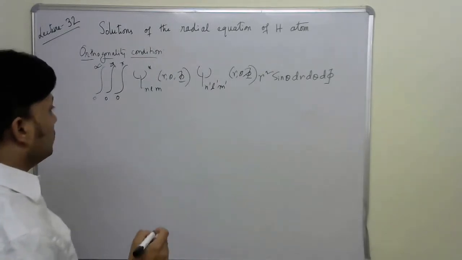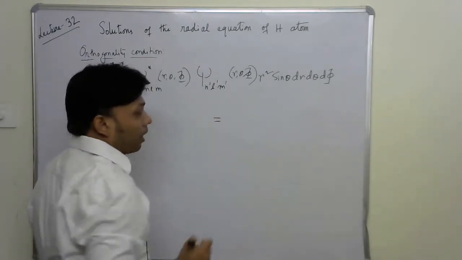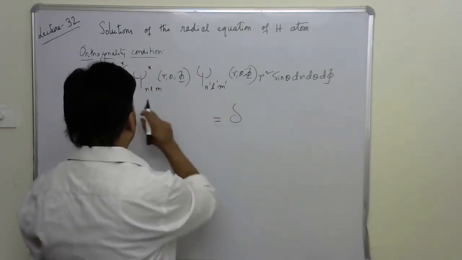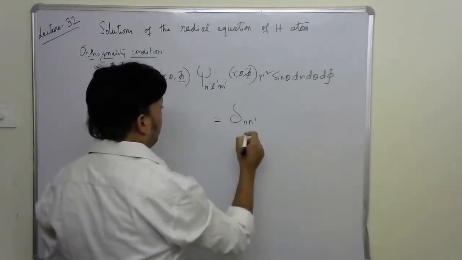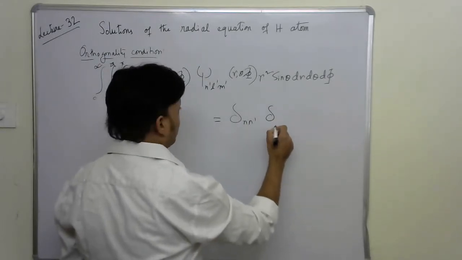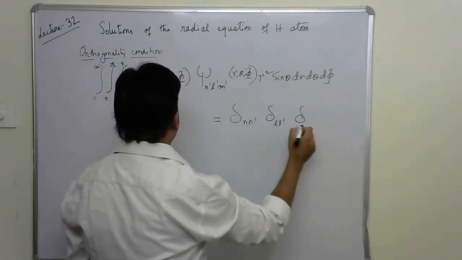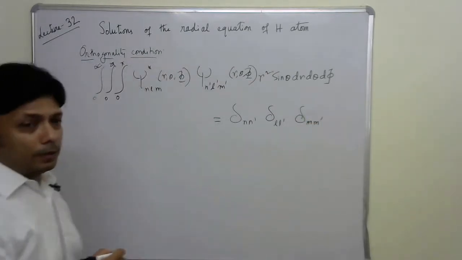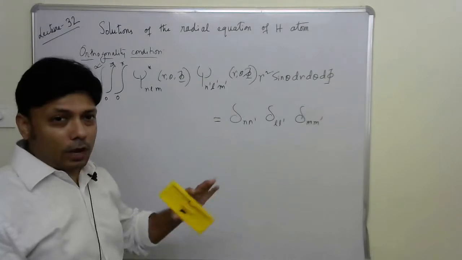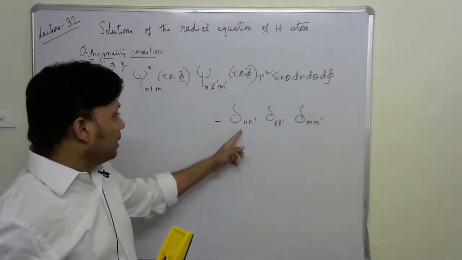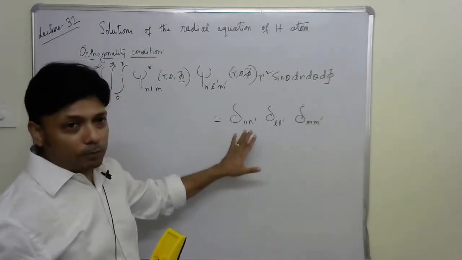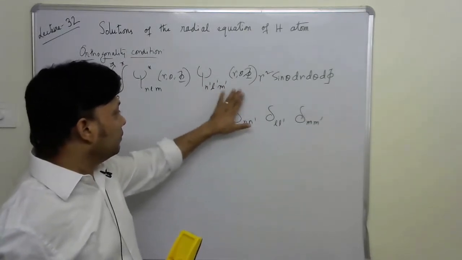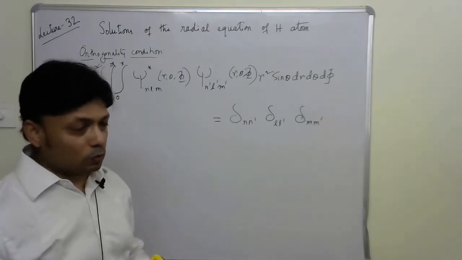Okay, so this should be equal to the Kronecker delta expressions. So the Kronecker delta expression should be delta n n prime multiplied by delta l l prime and delta m m prime. Okay, so from our previous knowledge we have already seen that in any case where n is equal to n prime, the value of the delta should be equal to 1.